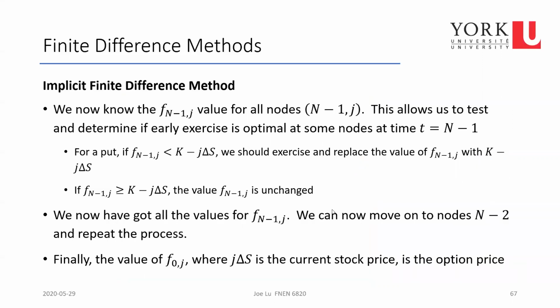If you do that, you will get the price of the American option. So that's in a nutshell the implicit finite difference method to numerically solve a partial differential equation to price options.